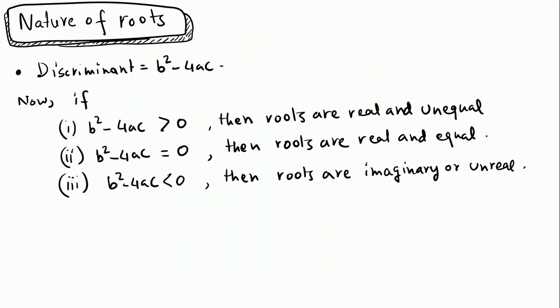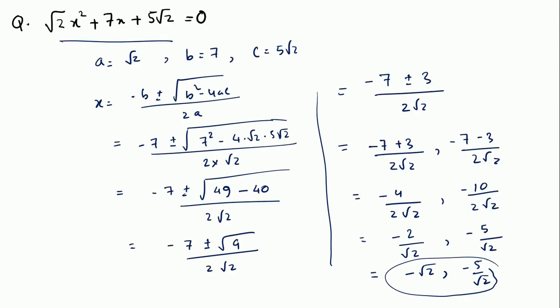Now we will see the nature of roots. Basically, like in the previous question, we got two values of x, that is -√2 and -5/√2. These are two values of x which are unequal and they are real numbers.